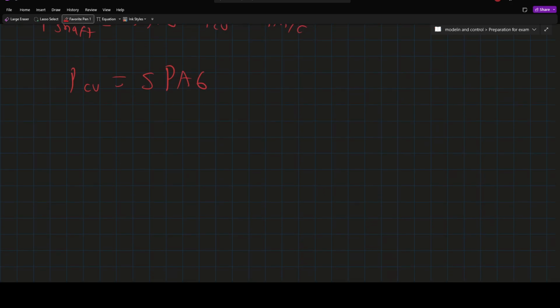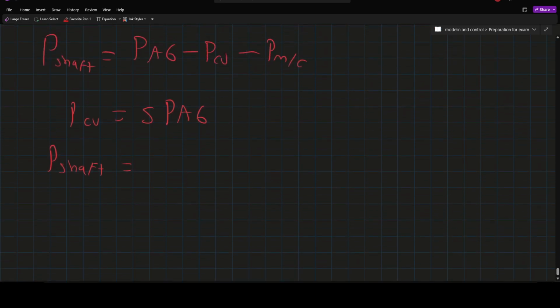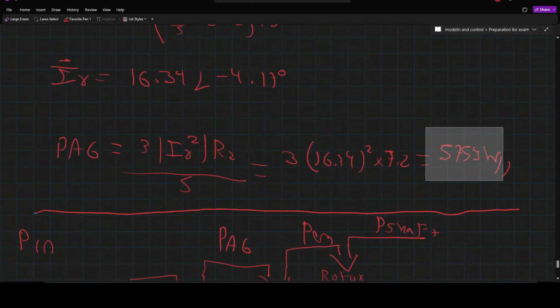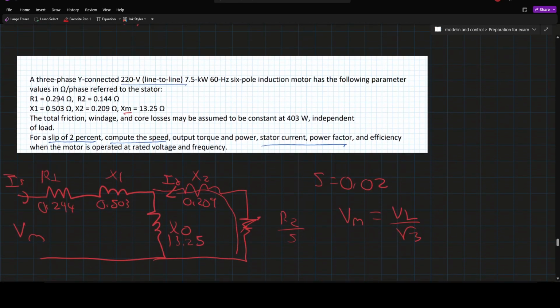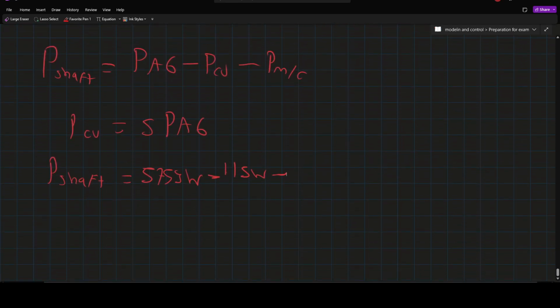So we can say that our power in the shaft is equal to our power in the air gap that we just figured out here, minus 2% of this, that is 115 watts, minus our mechanical losses that are given in our exercise, and that's 403. So we get a power in our shaft, or a power out, of 5,235 watts. Okay.